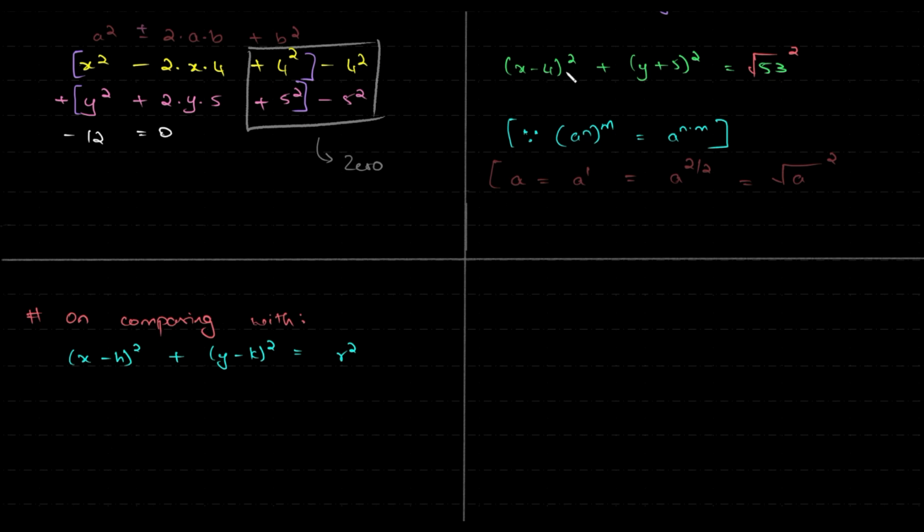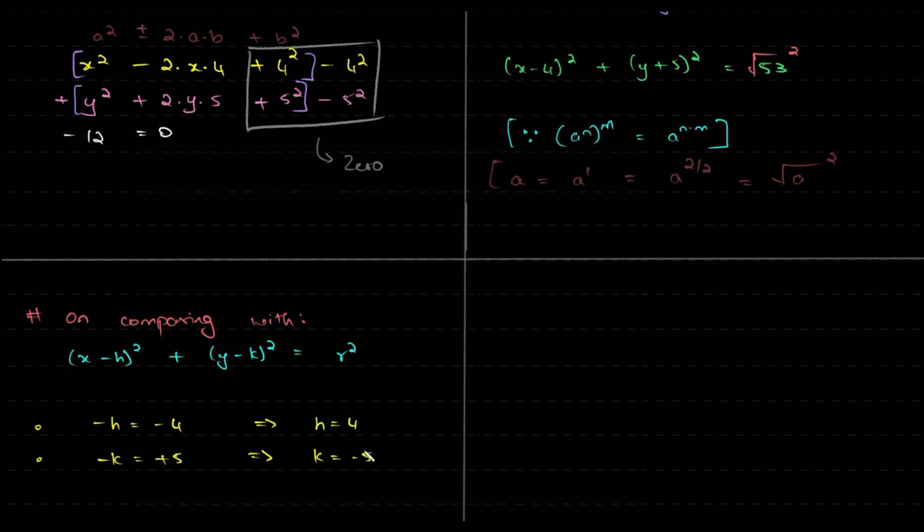We have minus h over here, minus 4 over here, so minus h is equal to minus 4. So multiplying with negative 1 on both sides, this implies h is equal to 4. Then plus 5 and minus k, so minus k is equal to plus 5. What does it mean? K is equal to minus 5. So multiplying with negative 1 on both sides, we end up with such an answer.